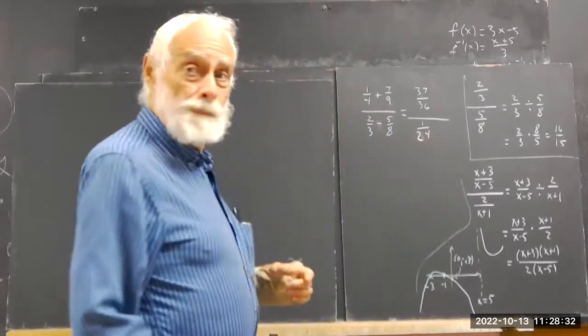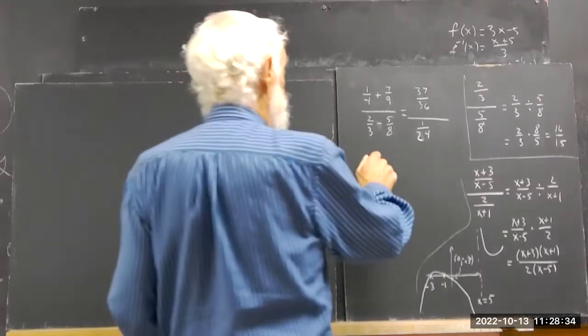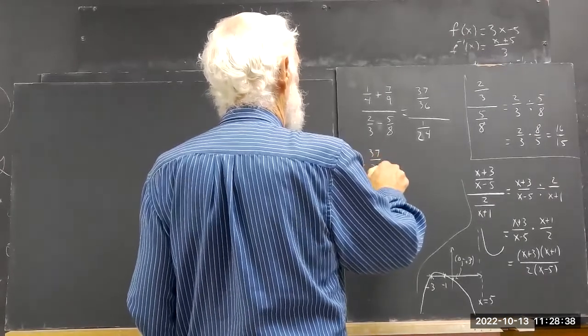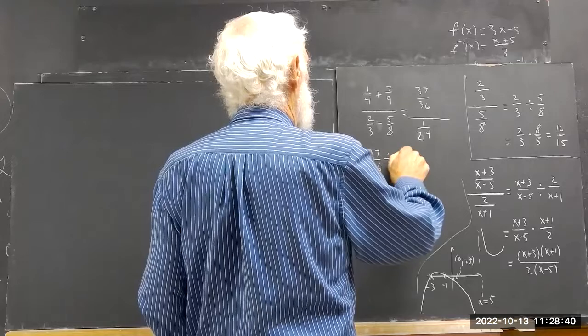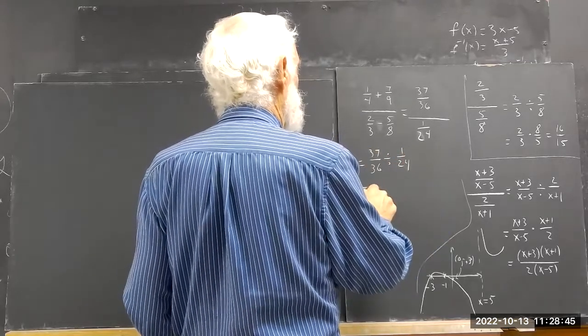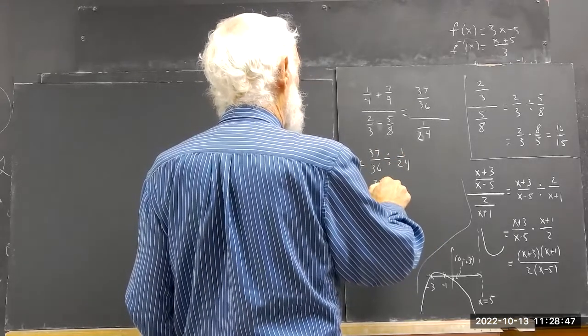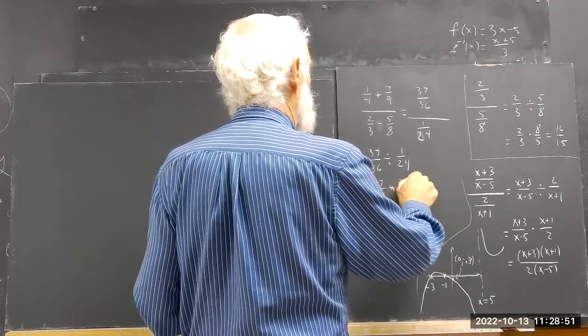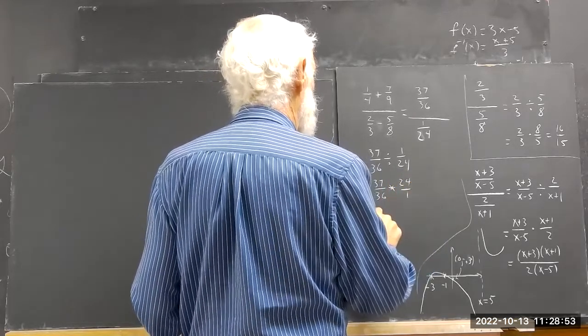Okay. Agreed. 37 over 36 divided by 1 over 24. That's 37 over 36 times 24 over 1.